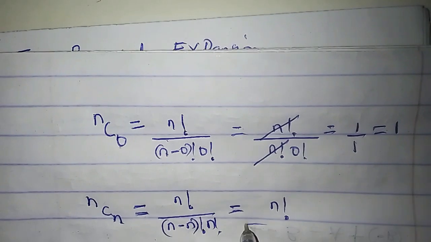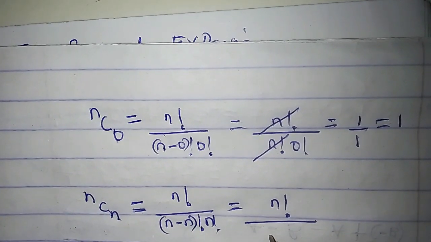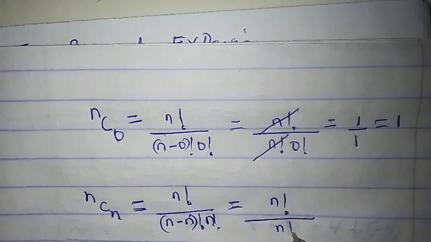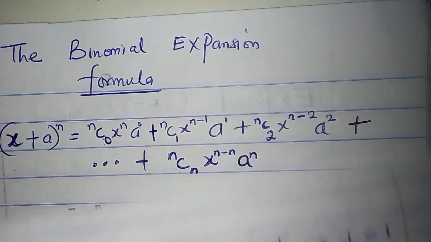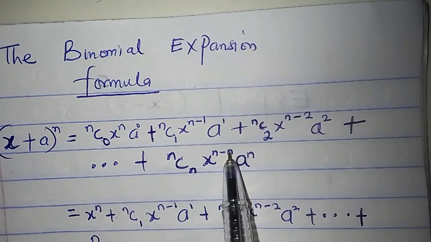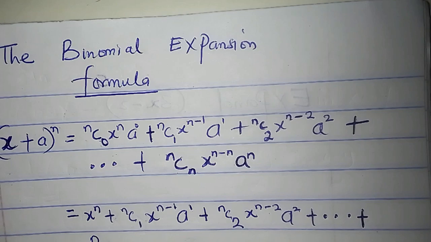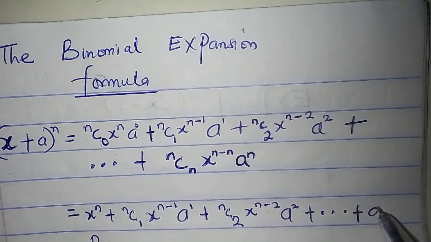This is n factorial. n minus n is 0, and 0 factorial is 1. Then times n factorial. This is equal to 1. So nCn is 1. So this is 1. n minus n is 0. x to the power of 0 is 1. So we have a raised to the power n left.